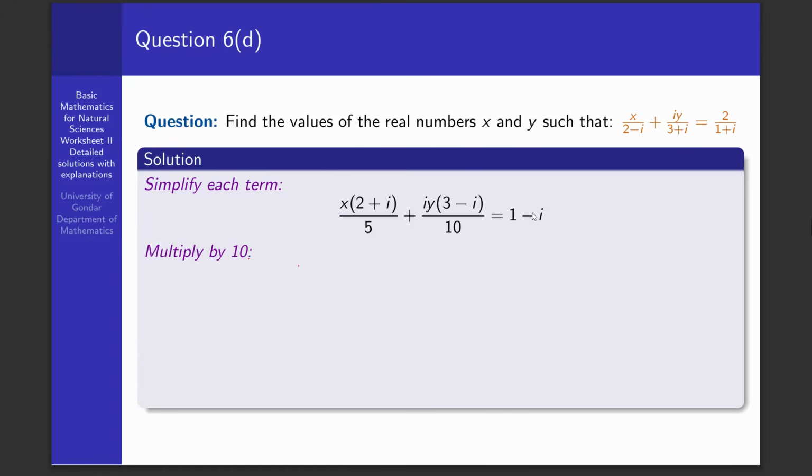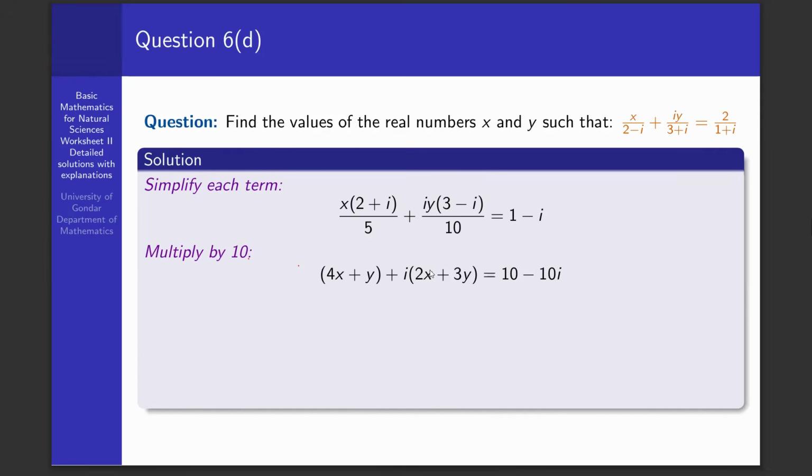Then if we multiply both sides by the least common multiple of 5 and 2, that's simply 10, we have 4x plus y. If we multiply this one by 10, that means we have twice x times 2, that's 4x, twice x times y, and so on.